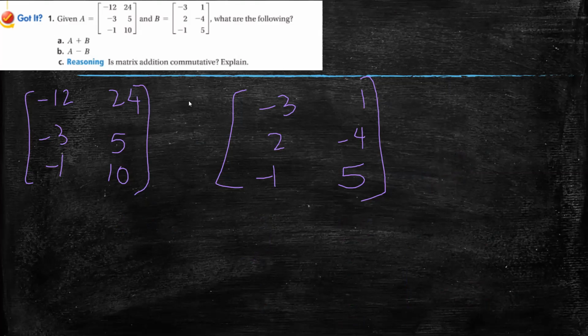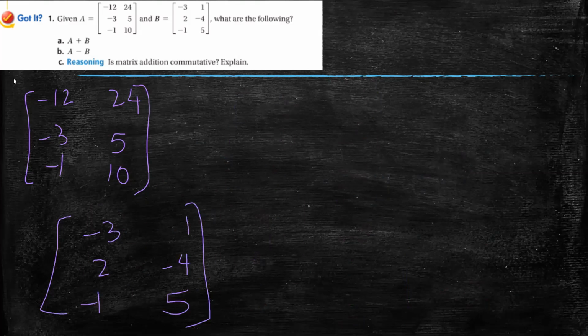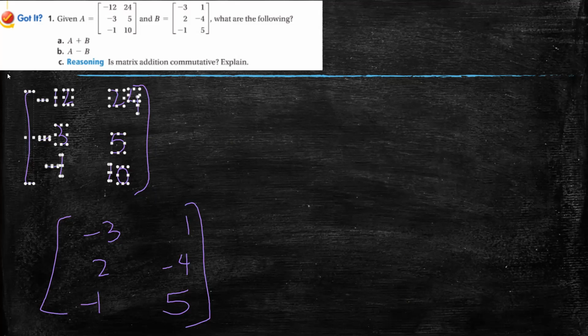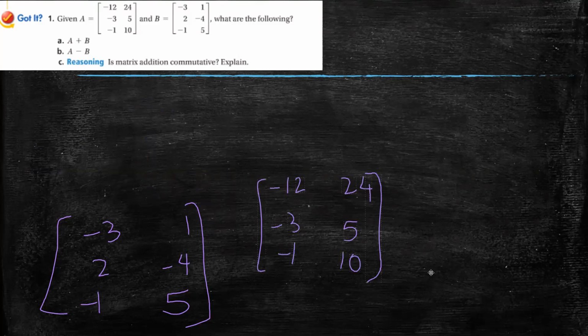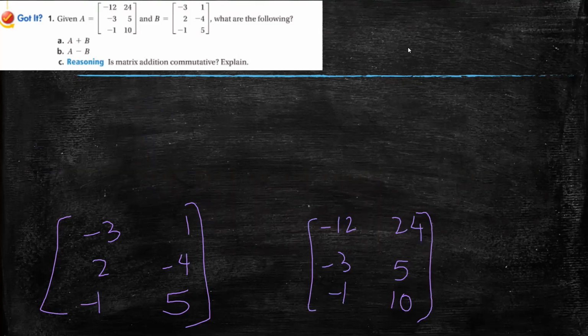If you change the order, if you add this one first plus this one second, will we have the same answer? Yeah, if it's addition, yes, it will be commutative. But later on, in multiplication, it will not be. Later on, we will talk about it. So don't forget.